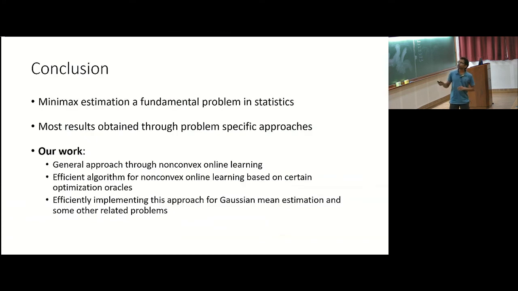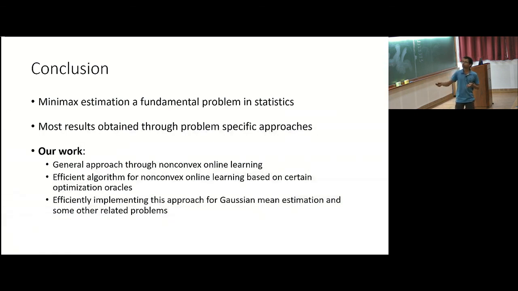To conclude my talk, I would just like to point out that minimax estimation is a fundamental problem in statistics, and so far most results have been obtained for specific problems using problem-specific intuitions. In our work, we present a general approach through non-convex online learning.